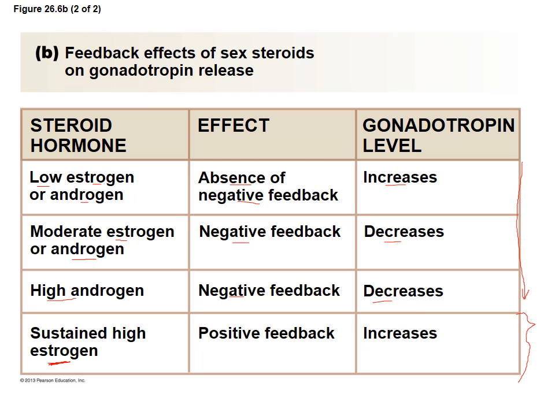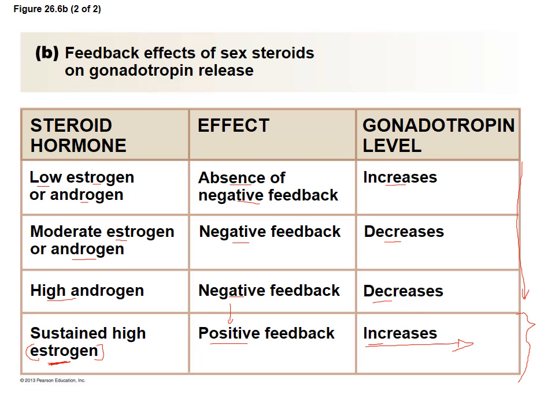When estrogen rises rapidly, reaches a certain threshold level and remains that high for at least about 36 hours, the feedback switches from negative to positive for the estrogens. So in the presence of sustained high estrogen concentrations, gonadotropin release is increased, so FSH and LH levels will increase.